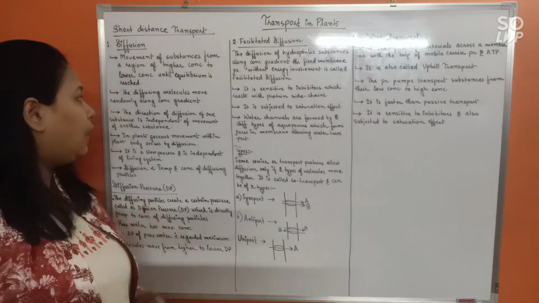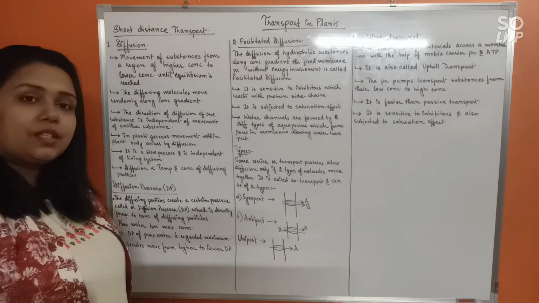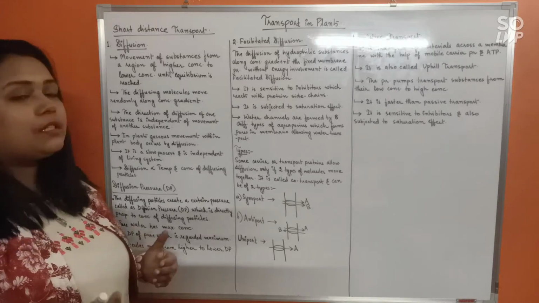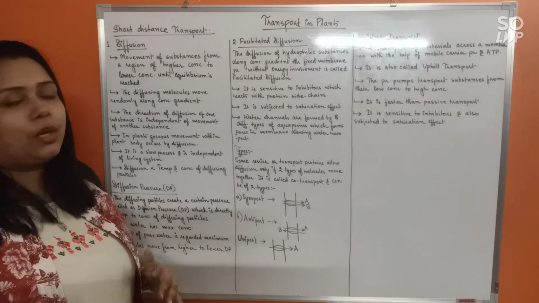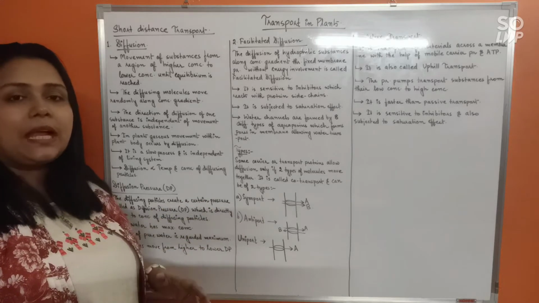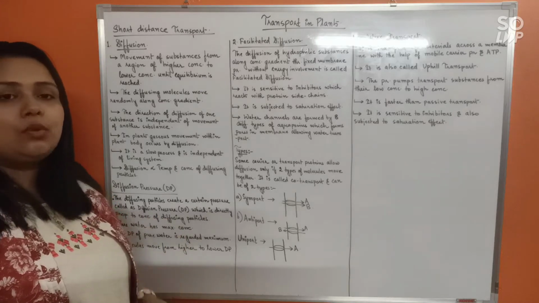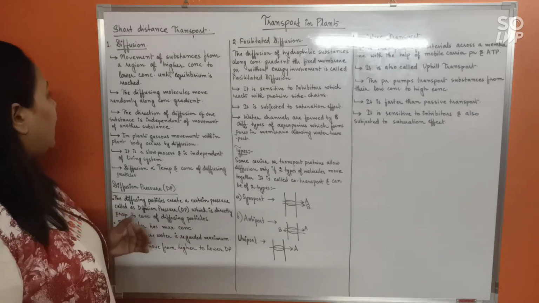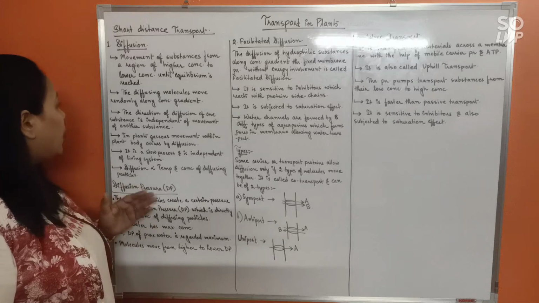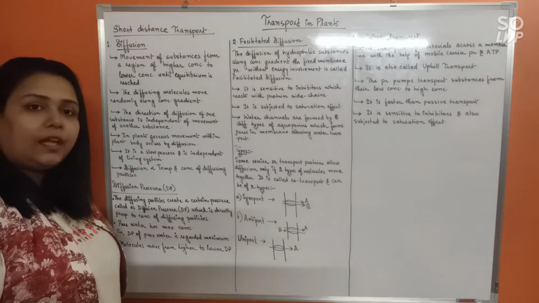Now see this, the diffusing molecules move randomly along the concentration gradient. Always the substances will move from higher to lower concentration. So as per a concentration gradient, substances will move under diffusion and the movement of the particles will be random. Alright. Now, the direction of diffusion of one substance is independent of the movement of another substance, right?